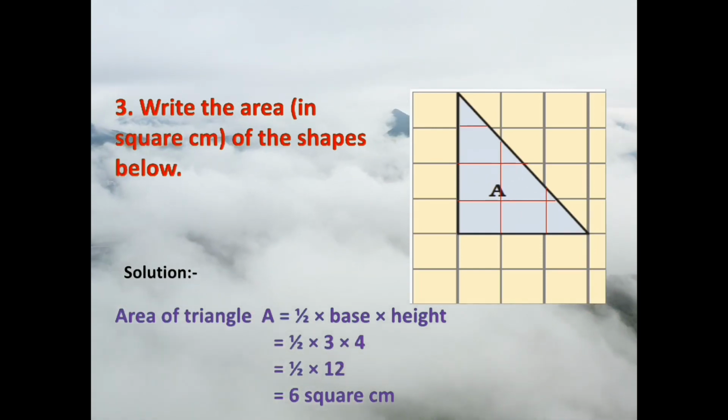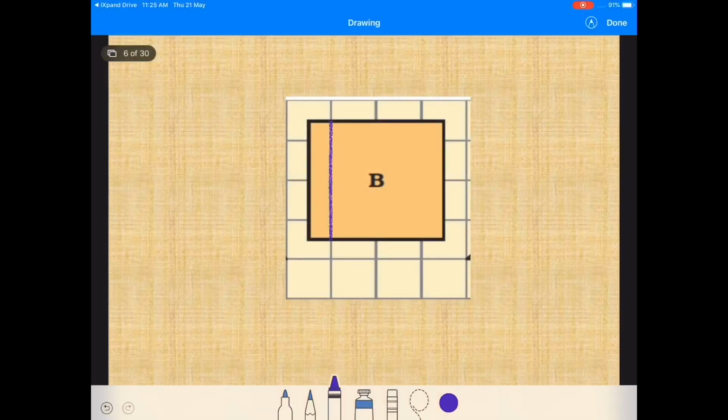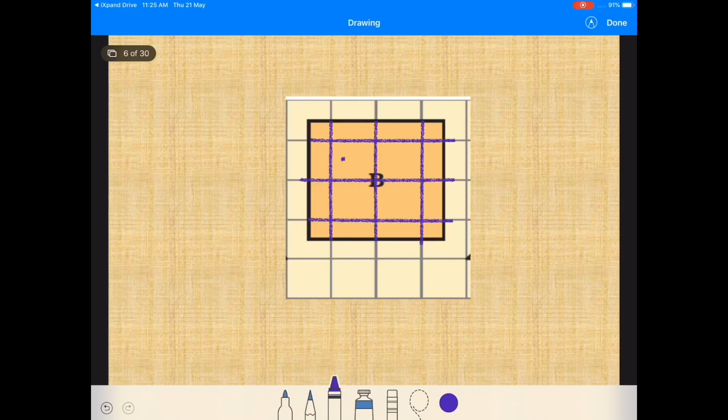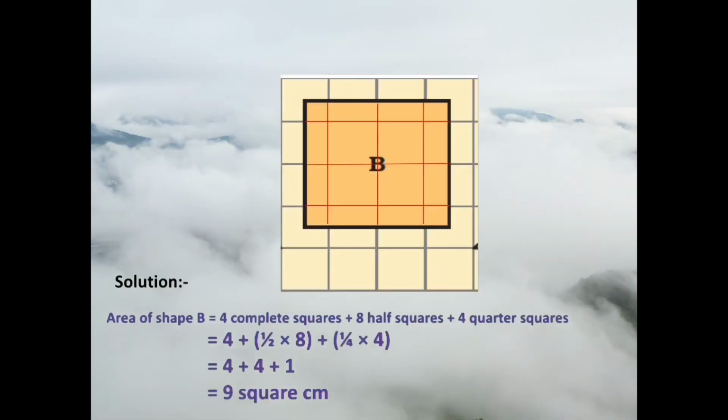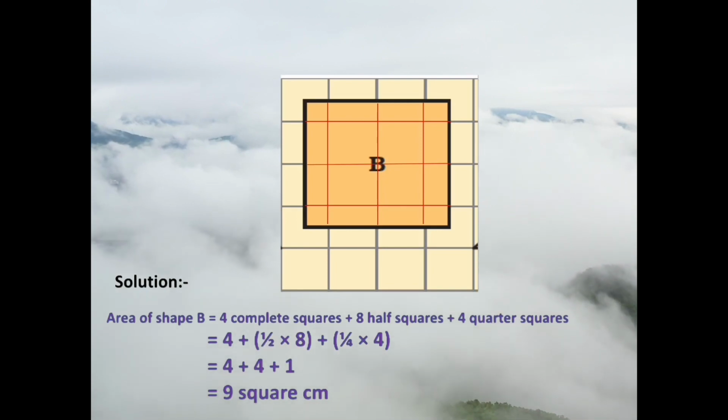Write the area of shape B. Let us draw lines here to get the squares. Area of shape B: 4 complete squares, 8 half squares and 4 quarter squares.